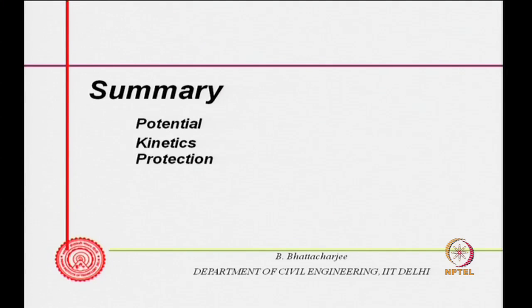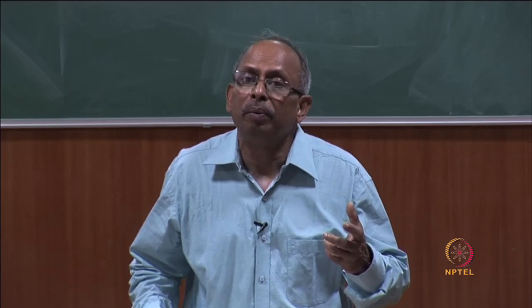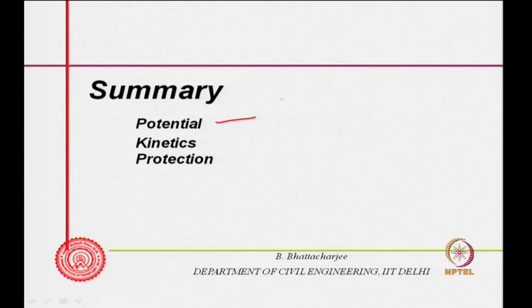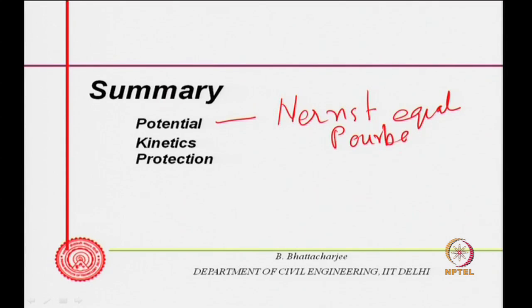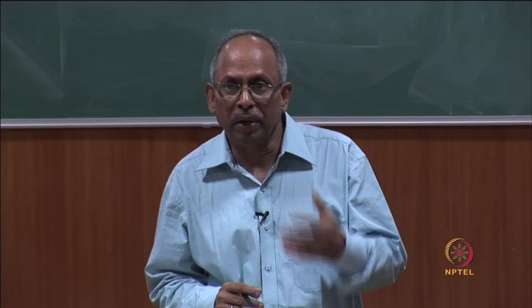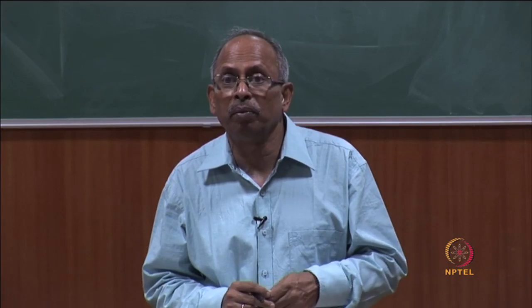We can summarize. We actually discussed potential, and in the potential we talked about the Nernst equation, Pourbaix diagram, etc. Then we talked about Tafel's equation, and then we talked about the effect of corrosion.